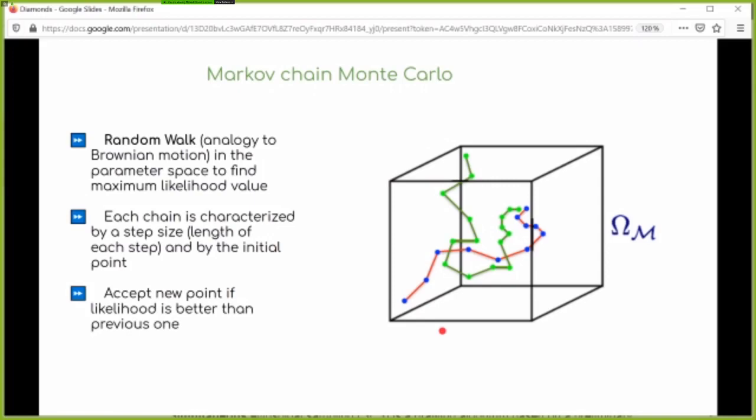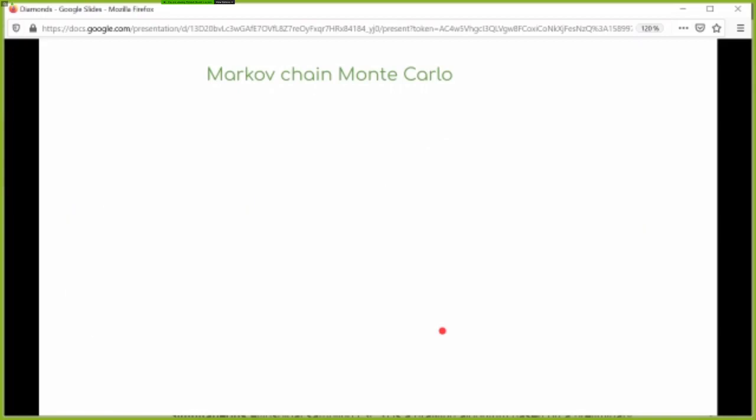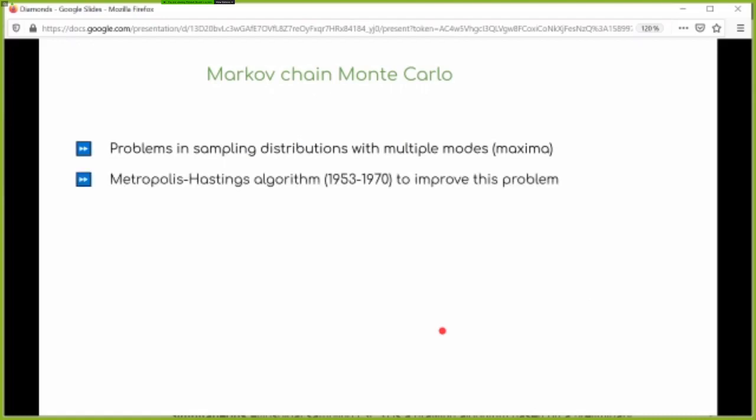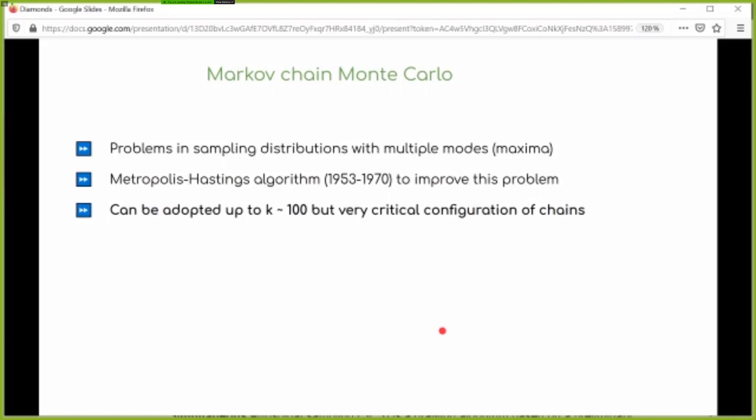But this method faces some problems. The problem is in sampling distributions with multiple modes, which means multiple maxima, like the egg box I've just shown you. We could say that the Metropolis-Hastings algorithm has improved this problem, but it can be adapted just up to k equals 100, with very critical configurations of chains.